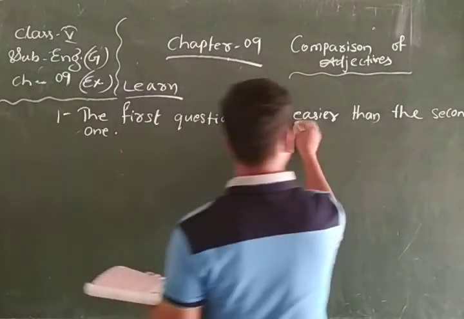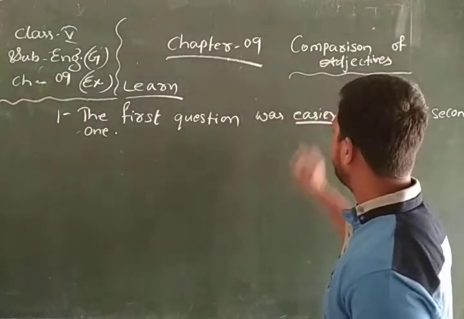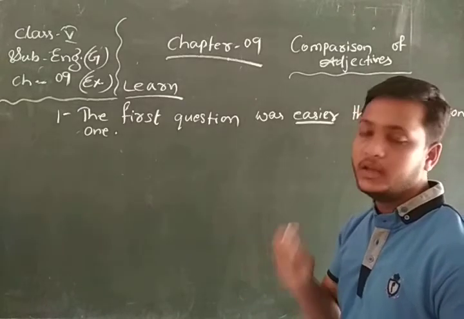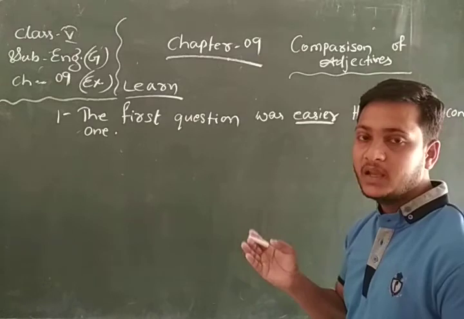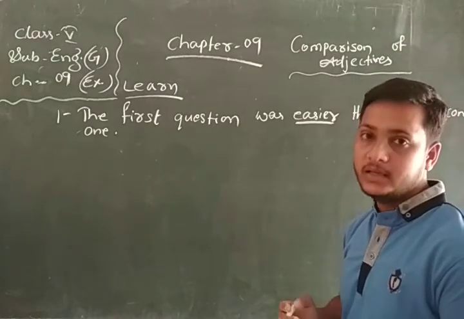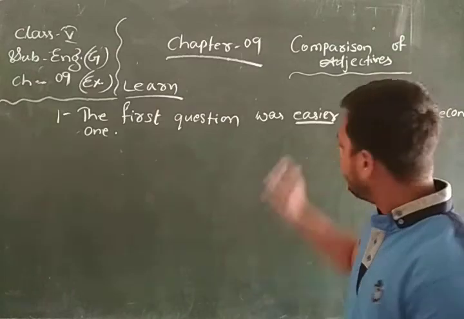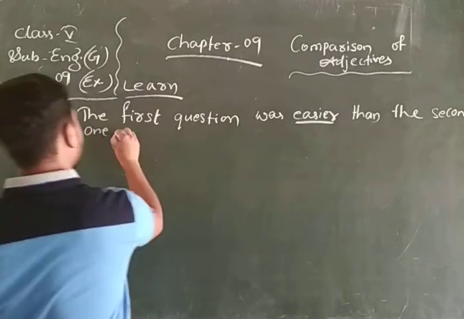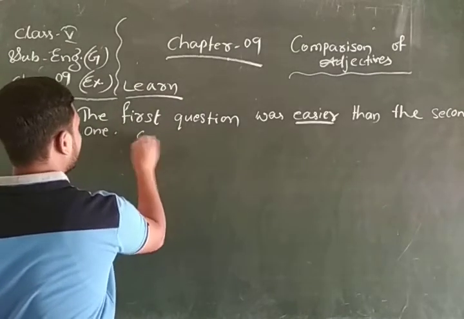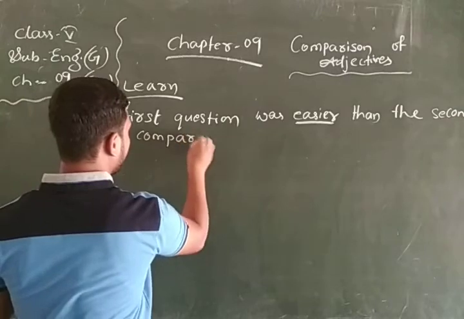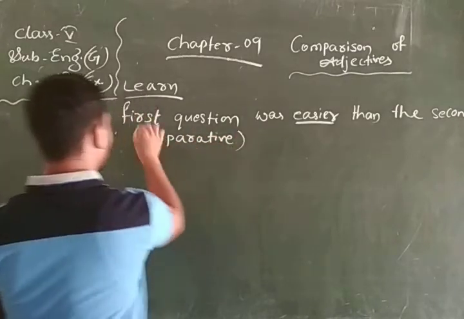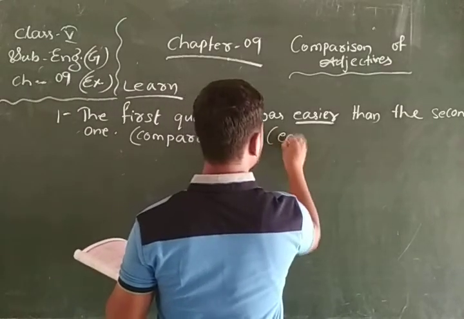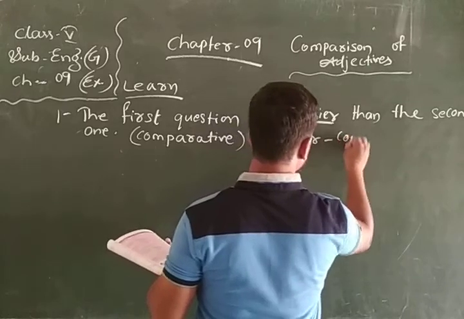So here easier is the modifier, modified into comparative form. The positive degree of easy is easy, and it is modified into easier. So this is the modifier, and its kind is comparative form. Or you can write like this: easier, comparative.